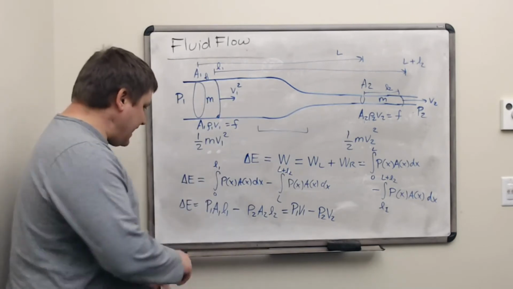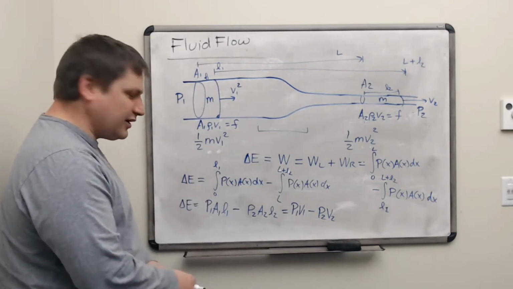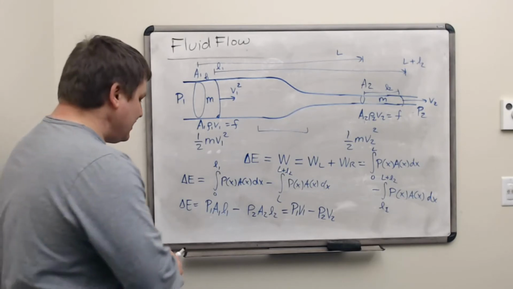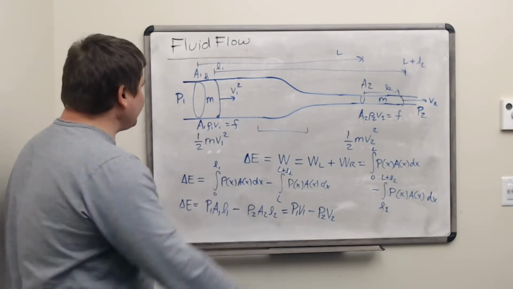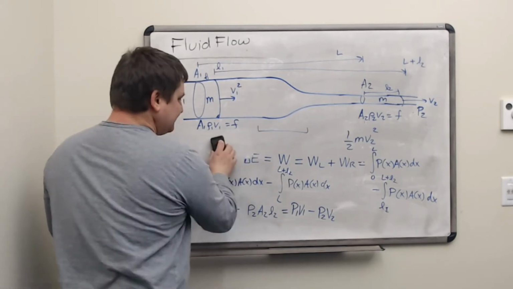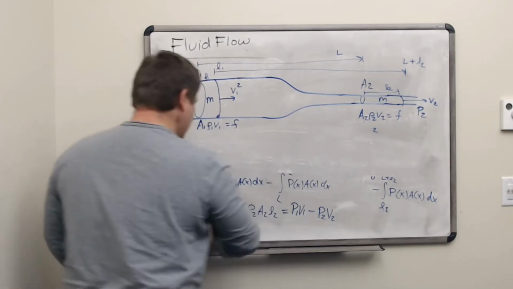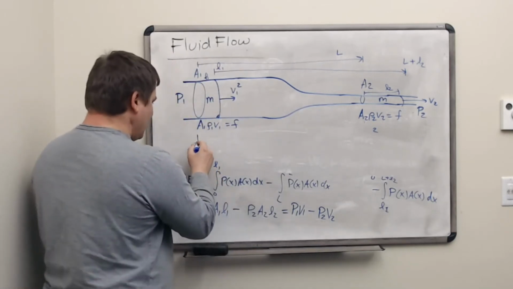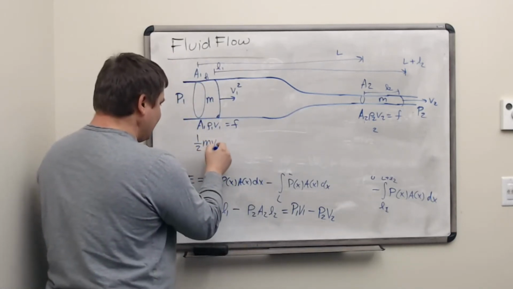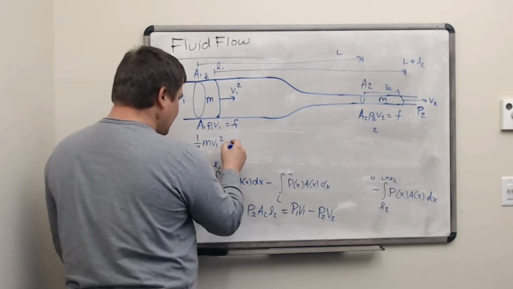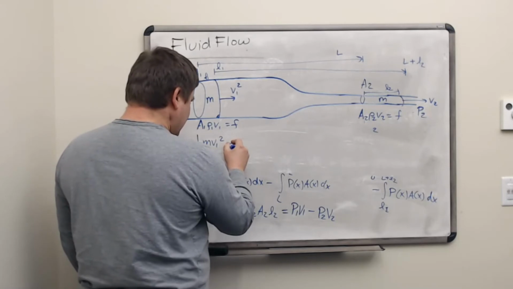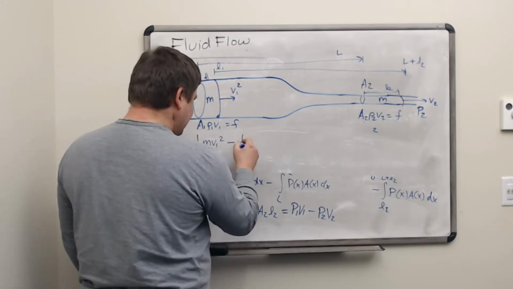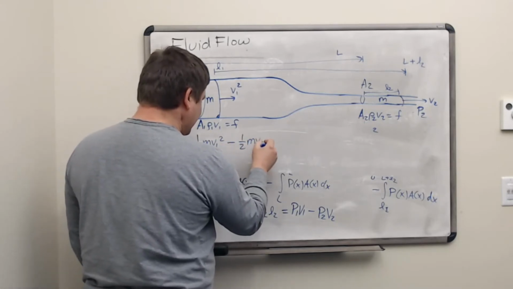Okay, so that pretty much completes our proof. We're going to do a little bit of simplification at the end, but let's summarize this work calculation here on the top. What we get is 1/2 m v1 squared minus 1/2 m v2 squared.